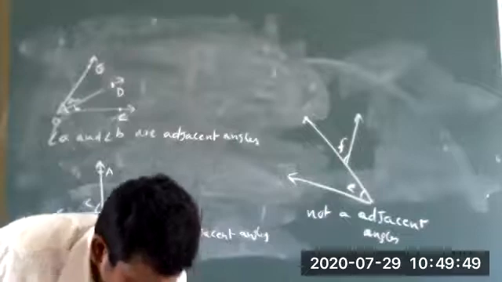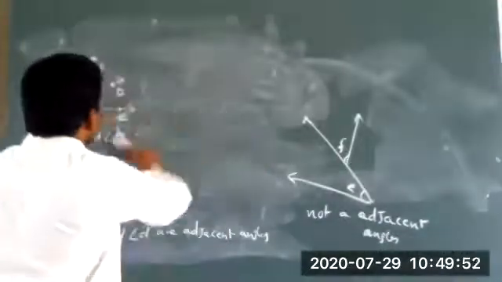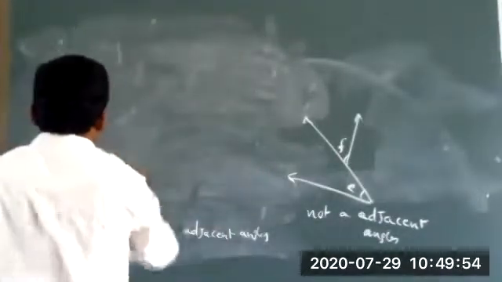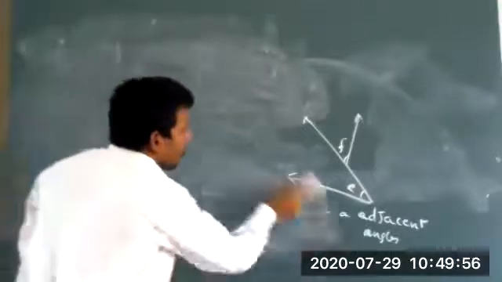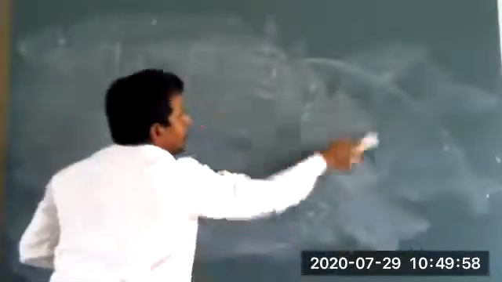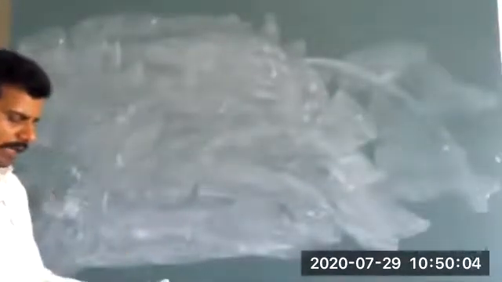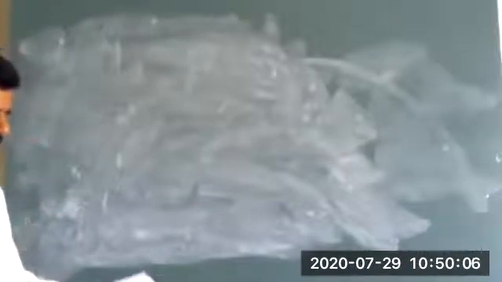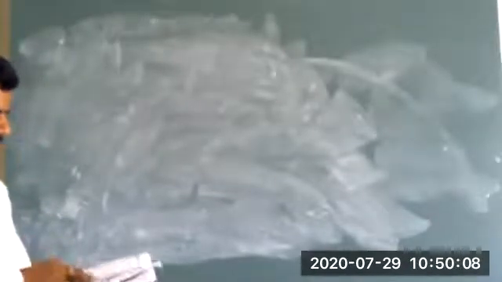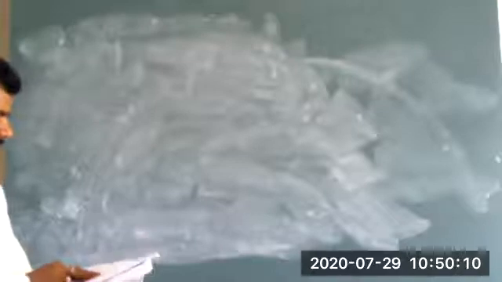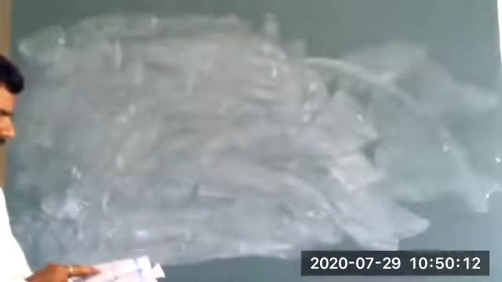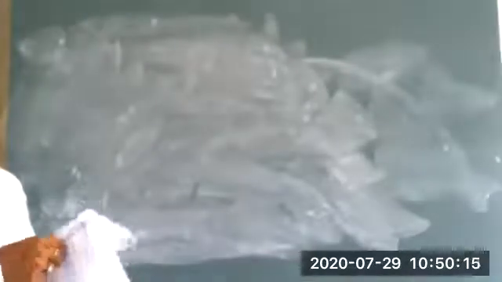Next problem. Name all pairs of adjacent angles in the figure. How many pairs of adjacent angles are formed? Why are these angles called adjacent angles? This is the given question, children.